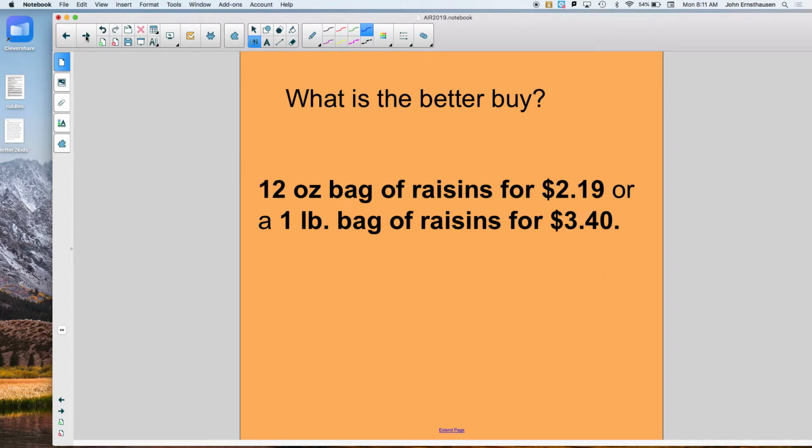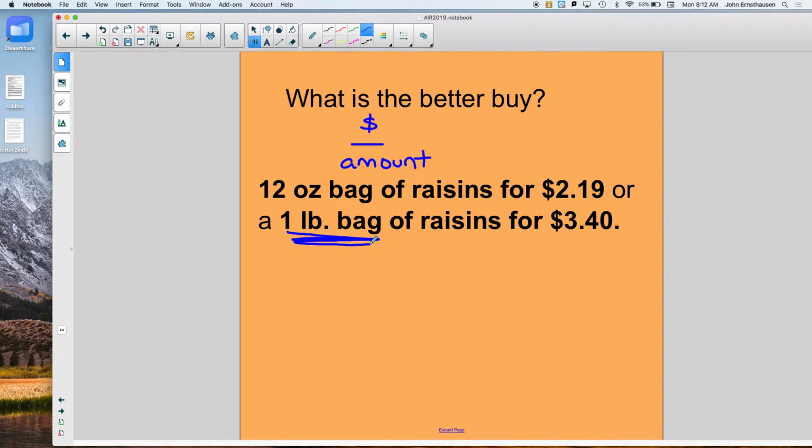Moving on. What is the better buy? You will have to round here. So we're always going to put the price over the amount. For those of you that are struggling on this one, you're going to need to make a conversion here.